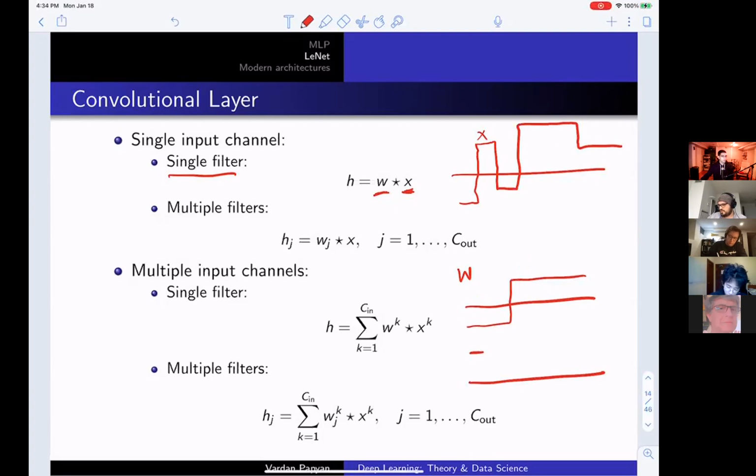So this is W convolved with X. First it's going to be positive, then it's going to be negative, then positive, and so on. Basically here you have a jump. Whenever you have a jump, you're going to have a positive delta, and whenever you have the opposite jump, it's going to be a negative delta.